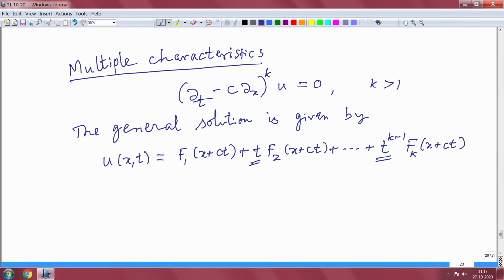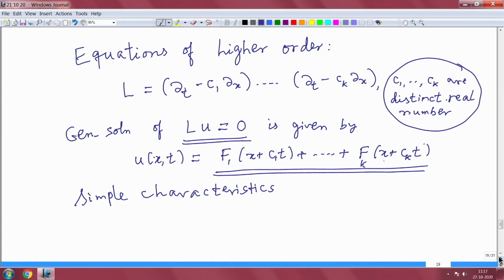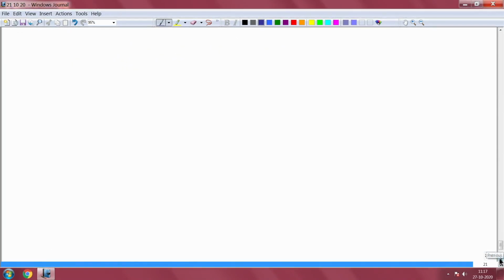Okay. So, now we can combine these two, the simple characteristic equation and the multiple characteristic equation, into a single one. So, a more general equation, a general operator.